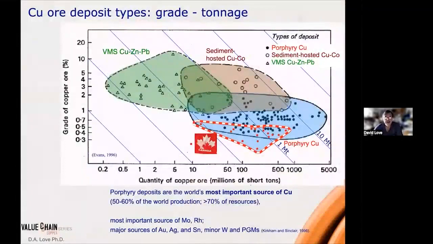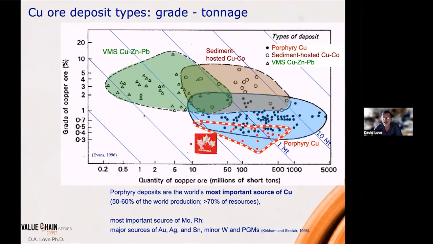This is a chart of millions of tons of ore versus grade in weight percent of ore. And there's 3 types of deposits on here: porphyry coppers, outlined in this blue field, sediment-hosted or stratiform coppers in brown, and VMS, volcanogenic massive sulfide deposits, in green.